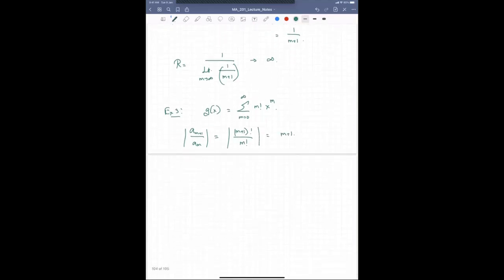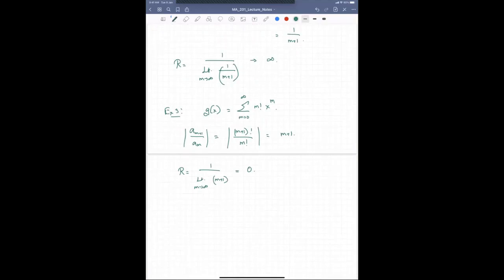Now, if I look at R, it will be 1 over the limit as m tends to infinity of m plus 1, which is 0. What does this mean? This means that this series can only converge for x equal to 0. For x equal to 0, obviously this series can be summed to 1 because only the first term survives.